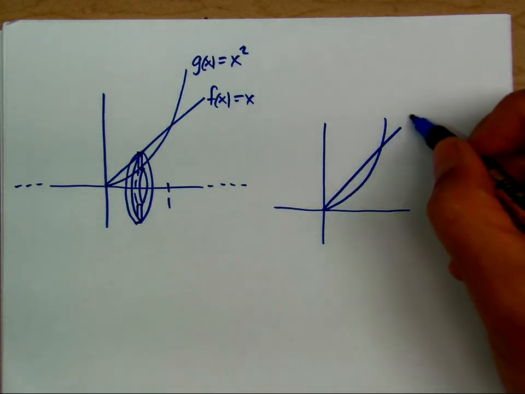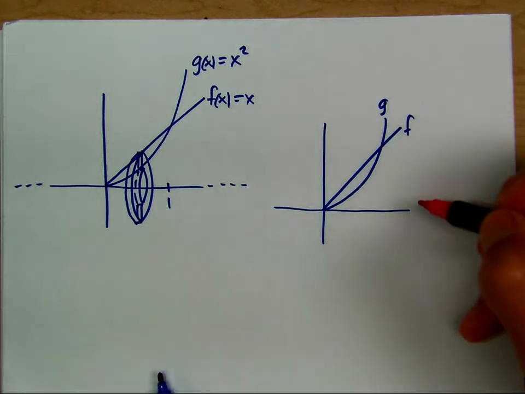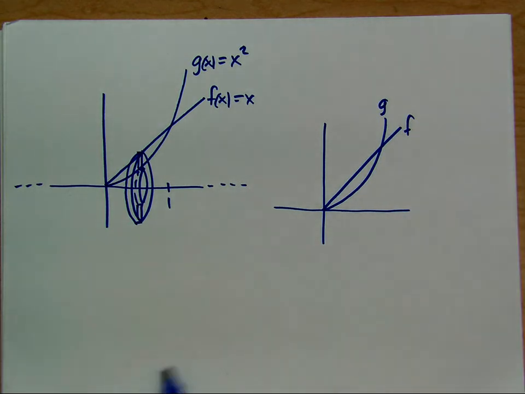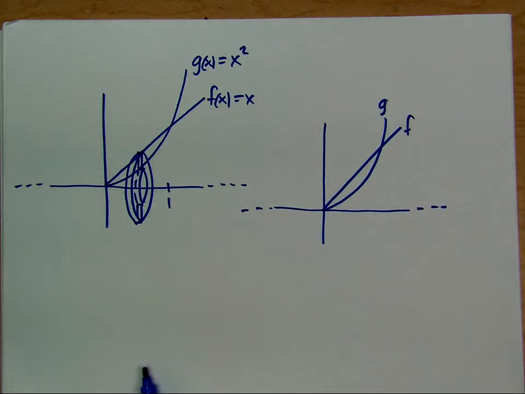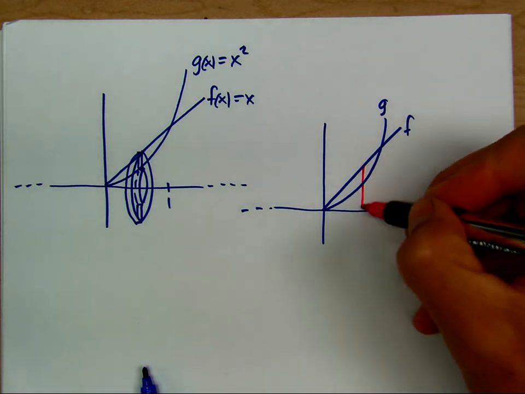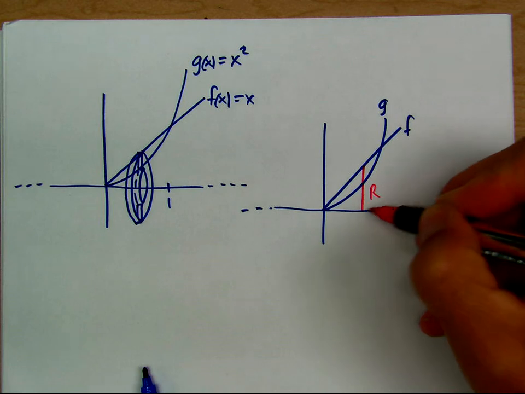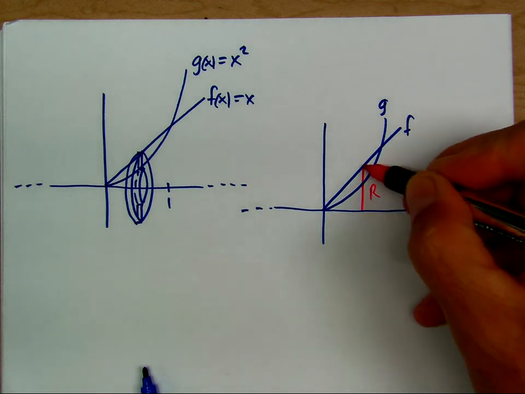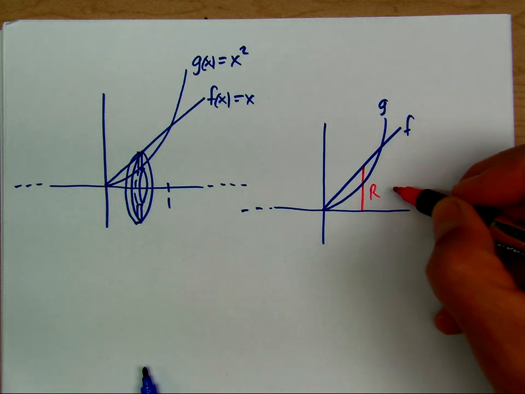All right, F, G, and the axis, here's how we find the radius. The radius is always from the axis of rotation. So we're rotating around the x-axis, and the big radius is going from the axis to the furthest part of the region, and so that's going to be top minus bottom.